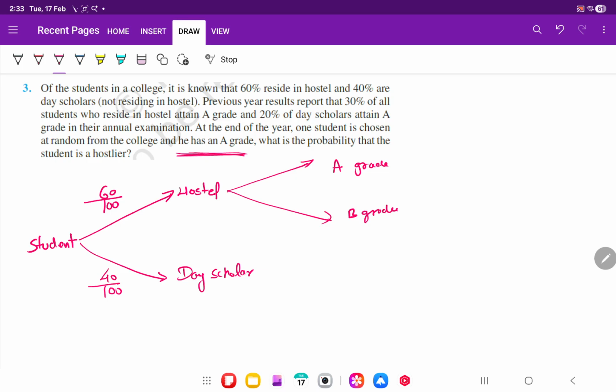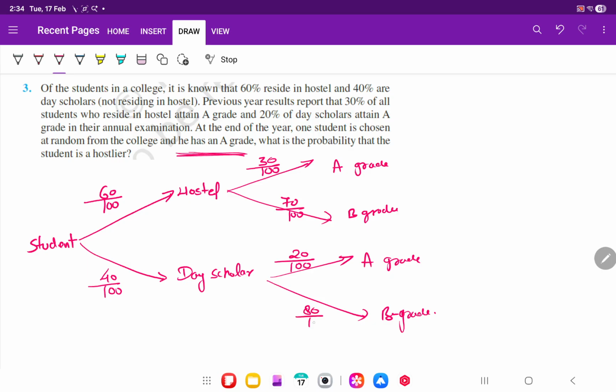How many are getting A grade? 30%. So remaining will be 70%. If day scholar, they may get A grade or they may get B grade, correct? For A grade, there are 20%.